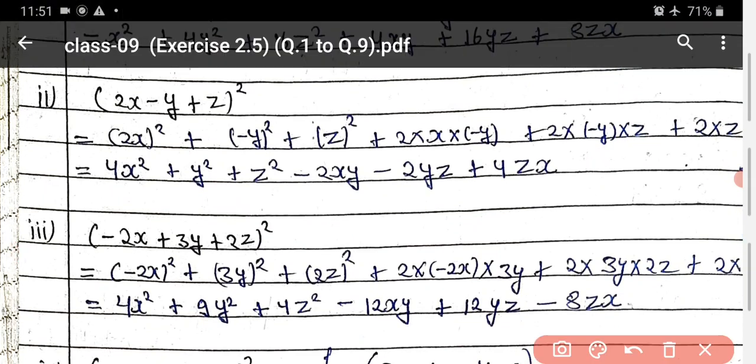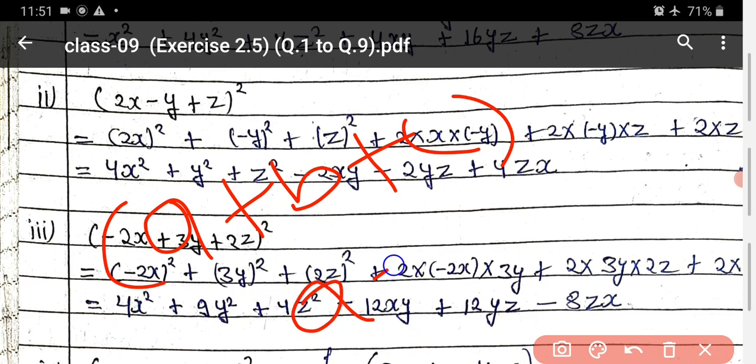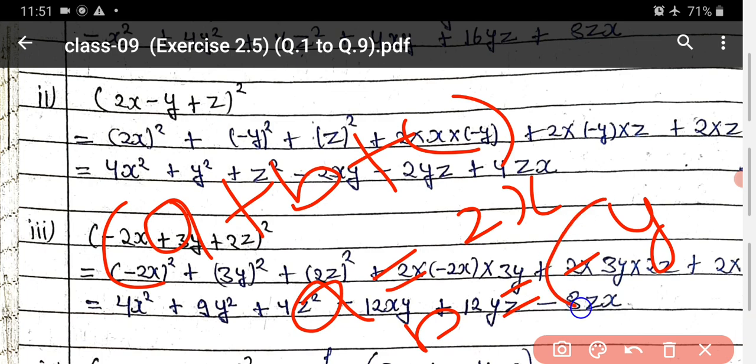Second part, (2x minus y plus z) whole square. Now just see, compare with a plus b plus c. So in place of a you have 2x, in place of b you have minus y. A minus term you always have to put in a bracket. Okay, in place of c you have z.